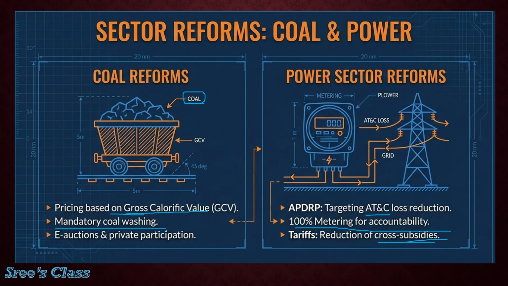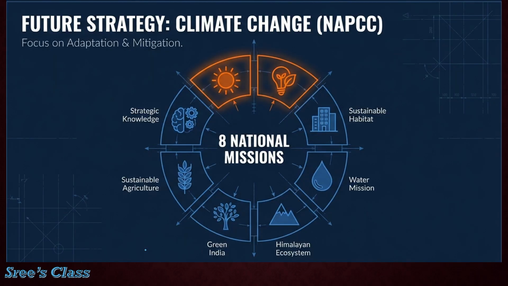This is a climate related thing, because coal washing is important in climate, as the fly ash can come down. Then e-auctions and private participation. Once auctions come, there will be many people, and it will be good for the customer to buy from whoever is giving the best and cheapest.